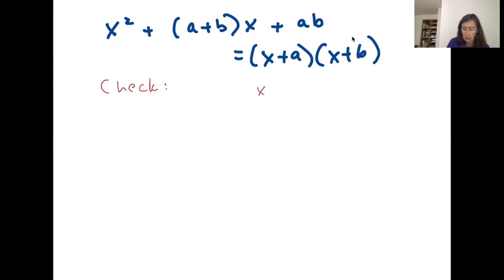And that is going to be x² + xb + ax + ab, and that will indeed be x² + (a + b)x + ab. Okay.